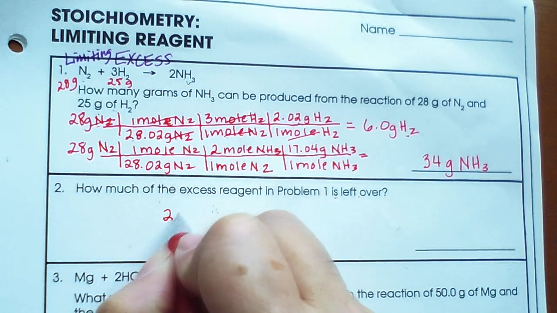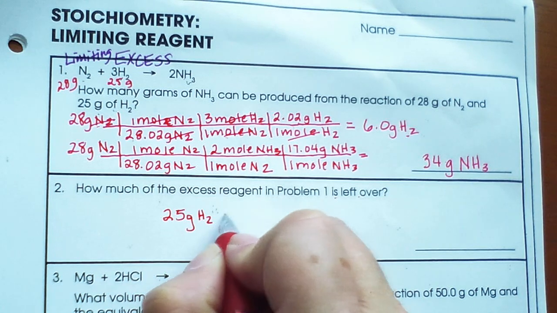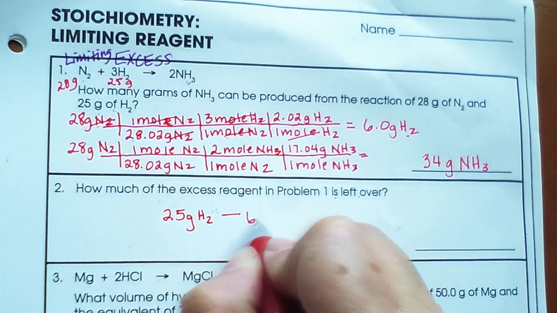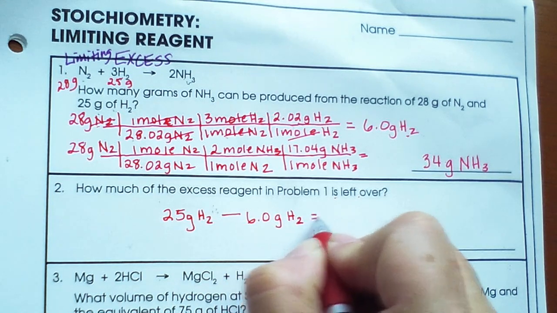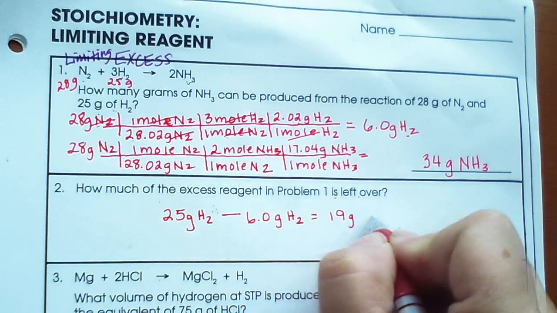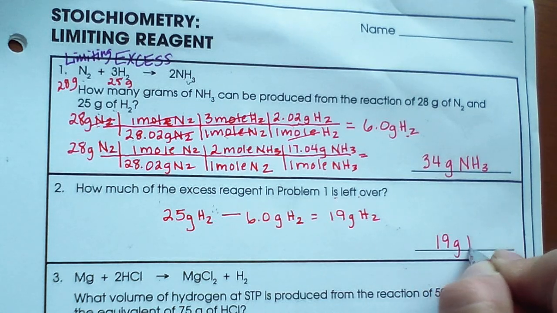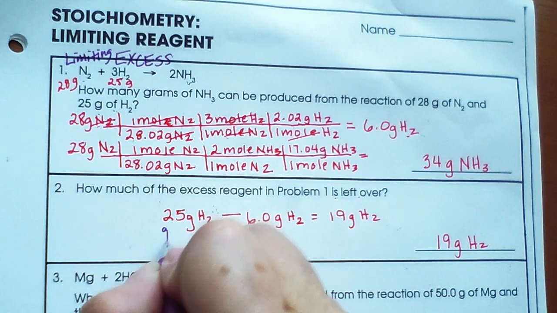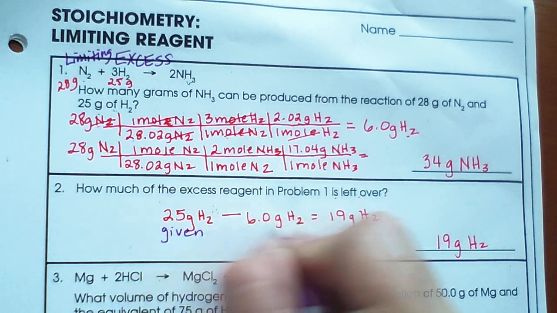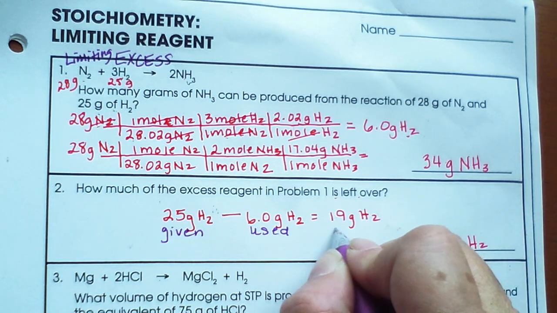So I take my 25 grams of H2 minus my 6 grams that I used, and I'm left with 19 grams of H2. So this is the amount I was given. This is the amount that I used. And this is the amount left over.